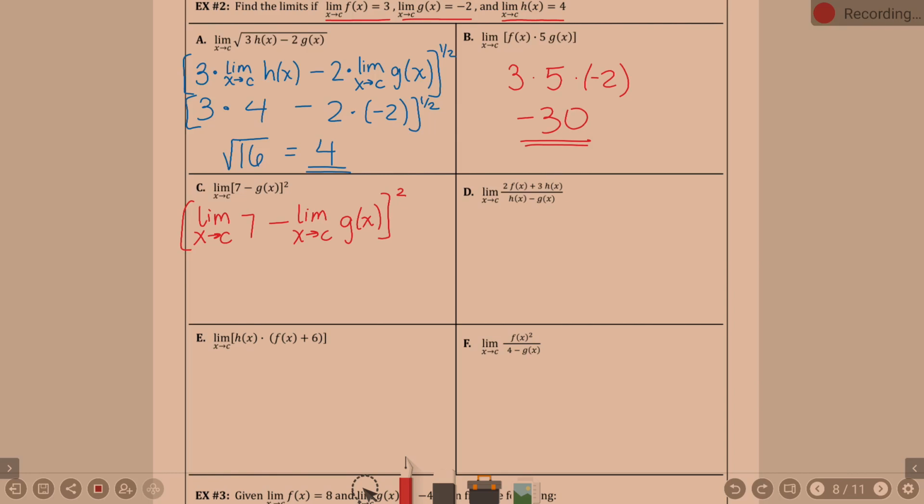It would just be 7, right? This is the constant one, the K property. So that's just 7 minus -2, and then quantity squared. So 81.